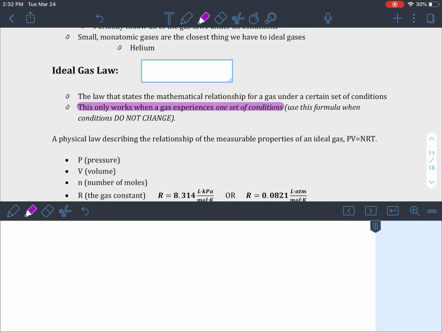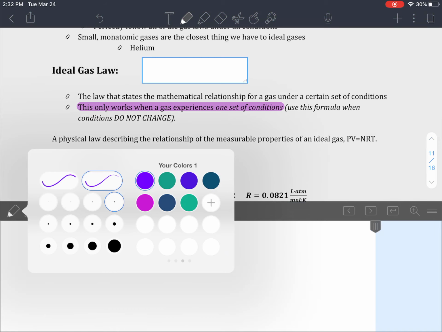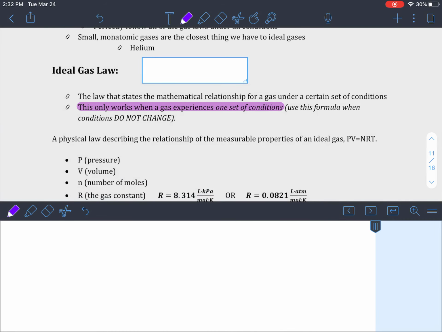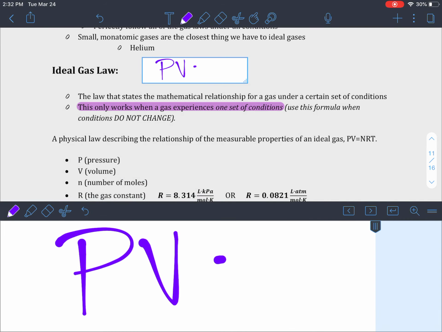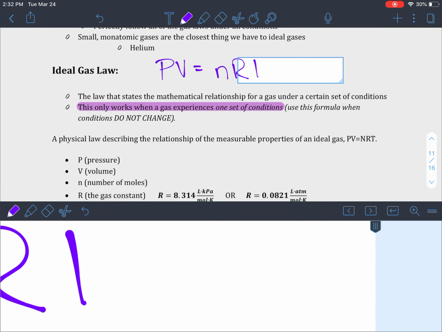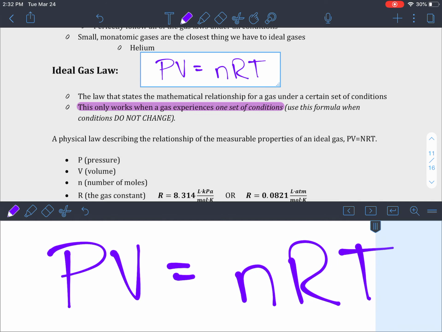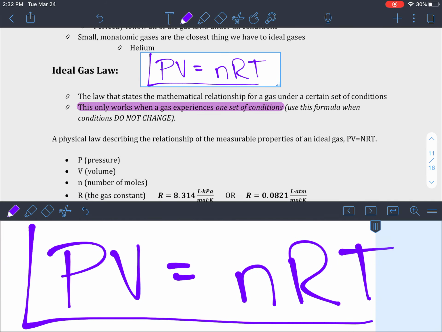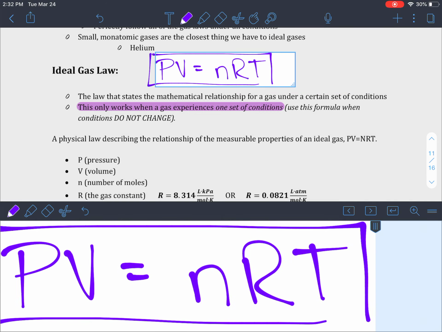The equation that we're going to use, a lot of times you'll hear chemistry teachers say PIVNERT. Basically what that means is PV equals nRT. PIVNERT, and that is the formula for the ideal gas law.